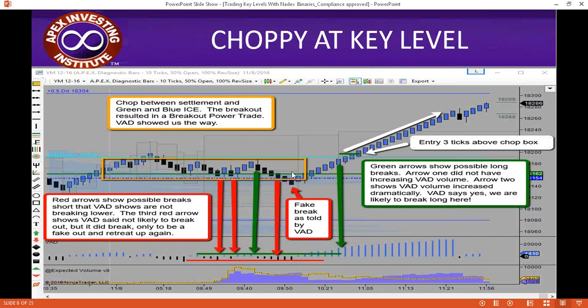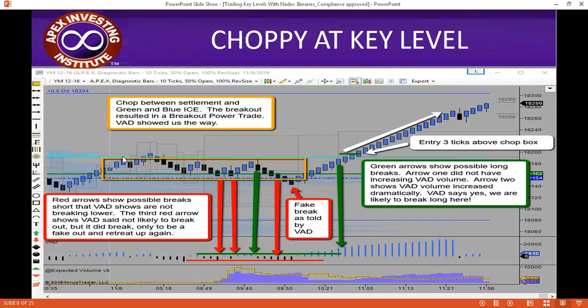So there's a quick 10-minute education on part of one of our binary strategies that we use over at Apex. And it's probably the strongest binary strategy that I've personally ever used myself, because we're combining a lot of things. We're combining the breakout of chop, we're combining strong levels, and we're combining volume.